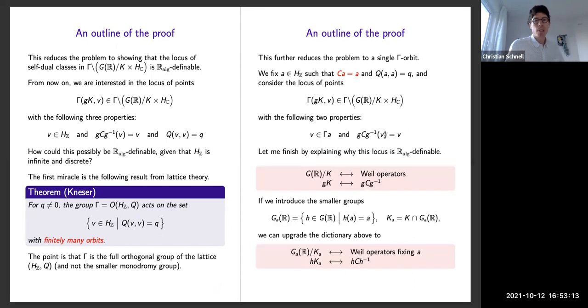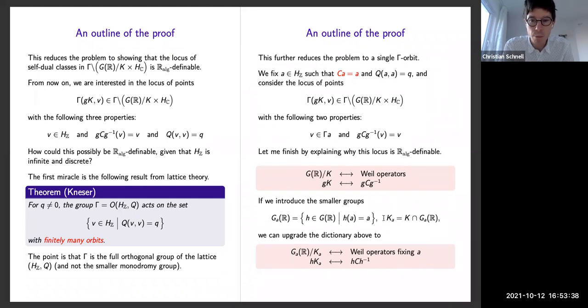Right. So a small addition to the notation from above. This symmetric space, the points of it corresponded to the Weil operators. Once I have this class A, I can have a smaller symmetric space. So first I have a subgroup, which is the subgroup of things in G that fix this vector A. This I denote by G_A.